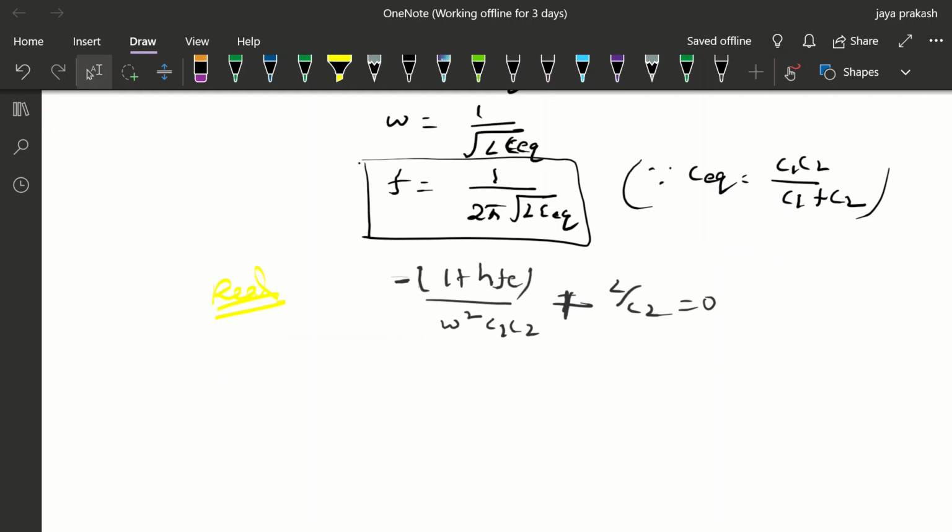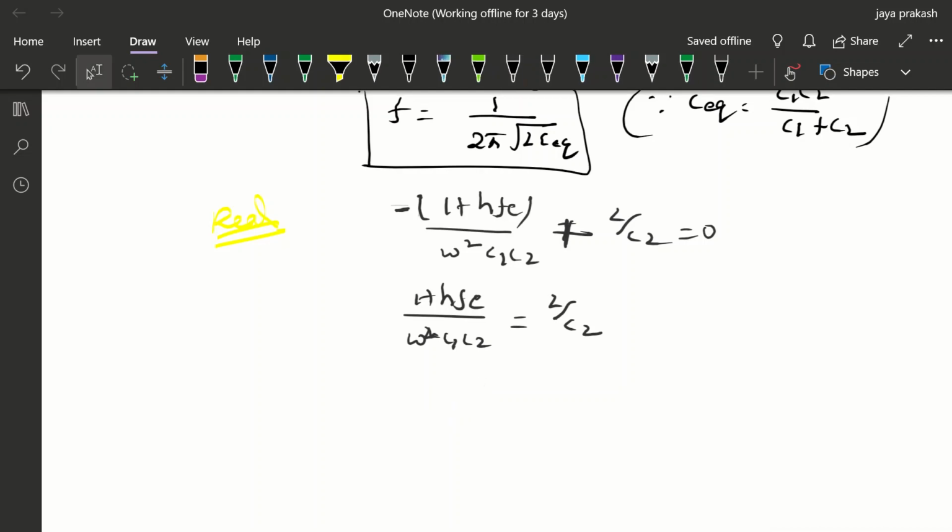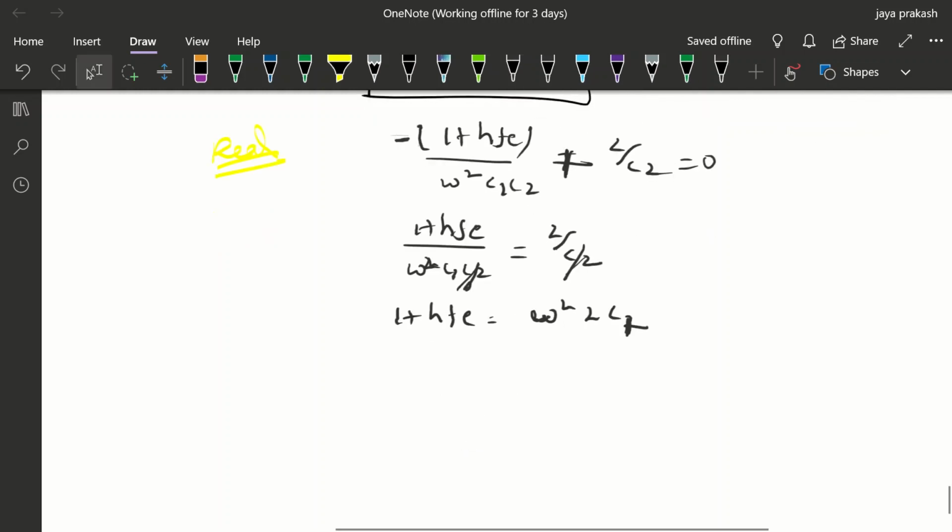It means 1 plus hfe divided by omega square C1 C2 is equal to L by C2. Okay, so this C2 and this C2 will get cancelled. So 1 plus hfe is equal to omega square into L into C1. Okay, this C2 C2 gets cancelled. So omega square L into C1.